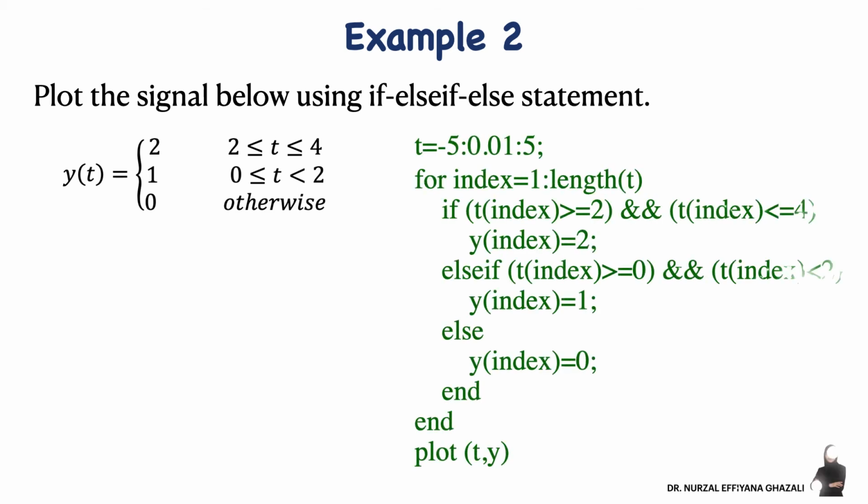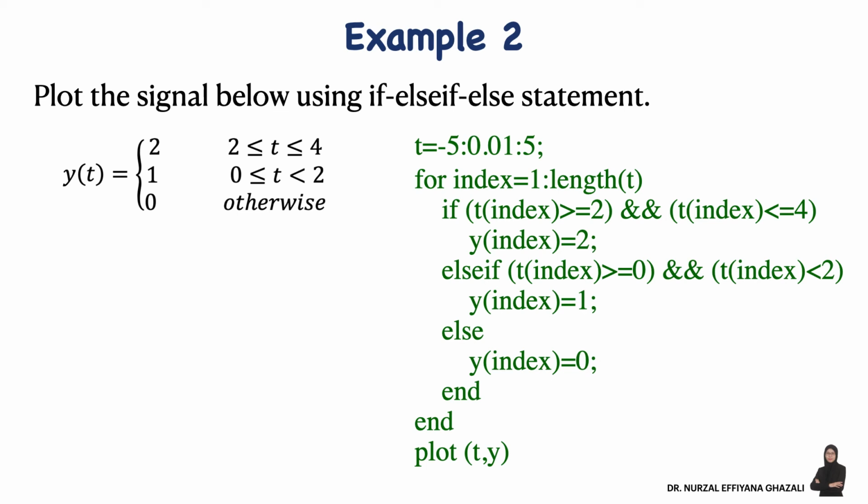So now I maintain the plotting area for the x-axis between -5 to 5, and here I add the Boolean operator, since I want to check that t must be equal or greater than 2 and less or equal than 4, then y will be 2.